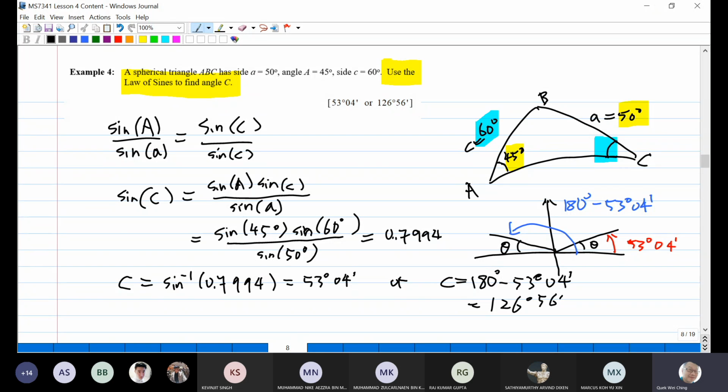So do you know which one is correct now? How come the answer says there are two possibilities?